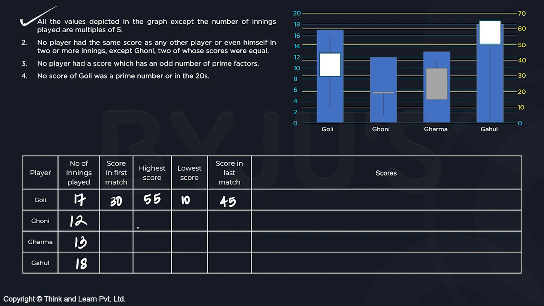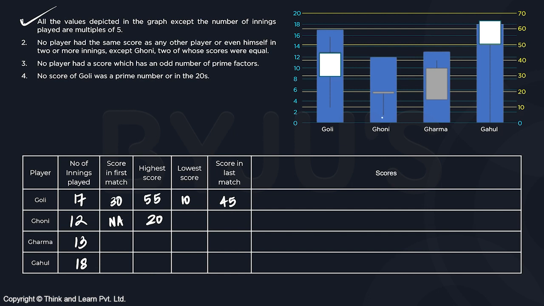Let's look at Ghani now. Ghani has played 12 matches. The score in the first match we cannot calculate. The reason being, we don't know the height of the bar, right? So not applicable. The highest score is going to be the tip of the line, which is not visible, so we can say that it's the yellow line, which is 20.